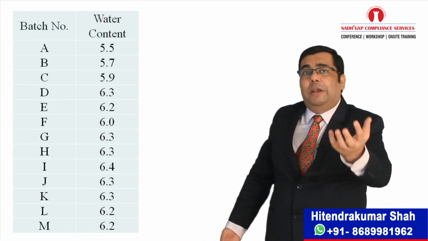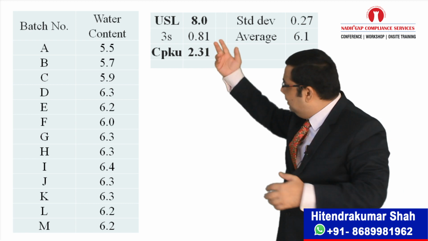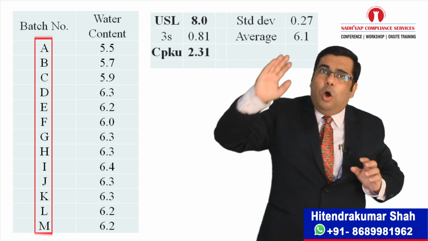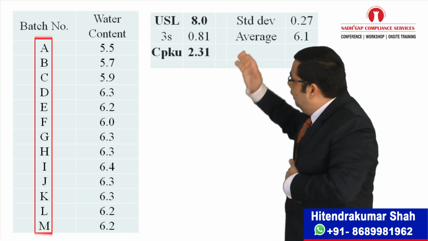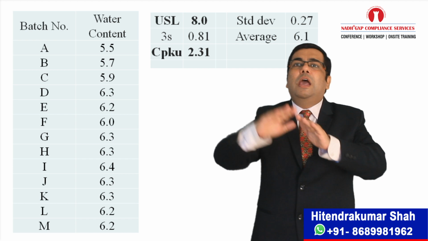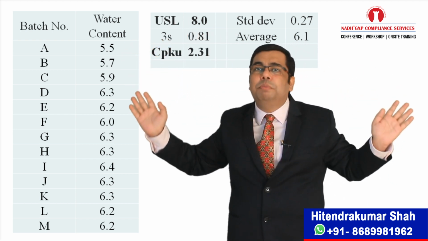Now let us calculate CPK for an upper limit only. For example, in this case, the same batches A to M all have results for water content. For water content, there is only an upper specification limit, not more than 8%.